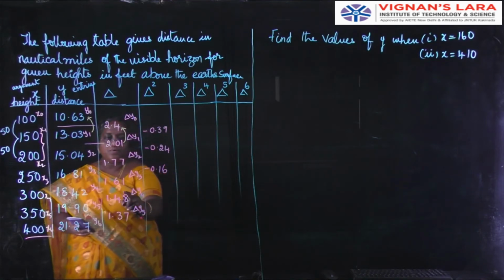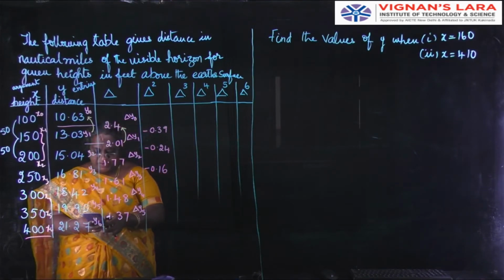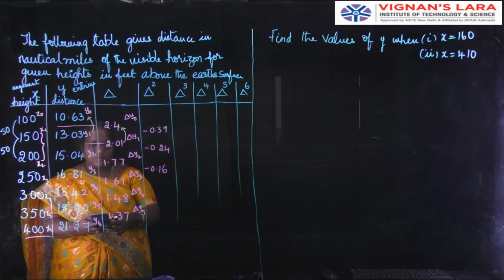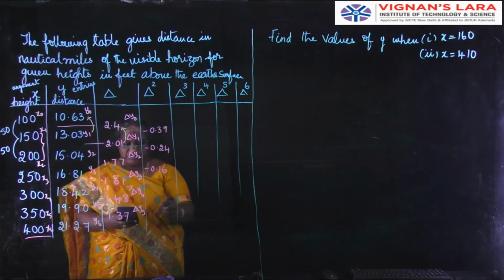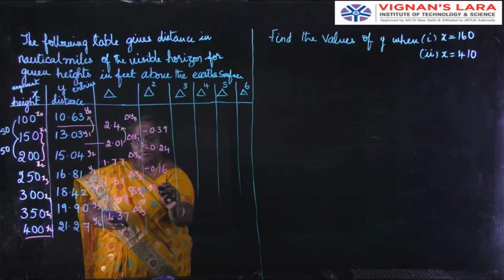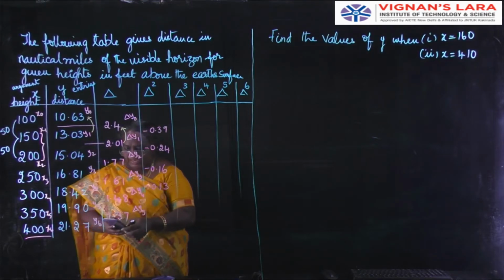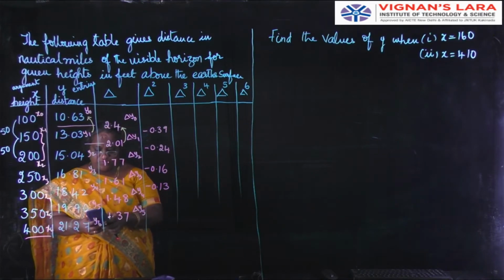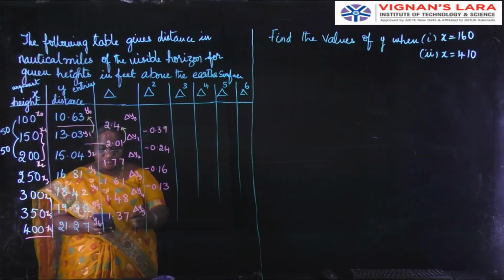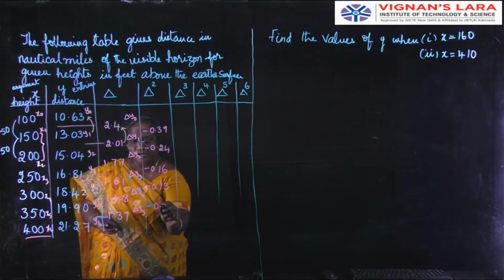Next value, 1.48 minus 1.61 is minus 0.13. Next, 1.37 minus 1.48 is equal to minus 0.11.